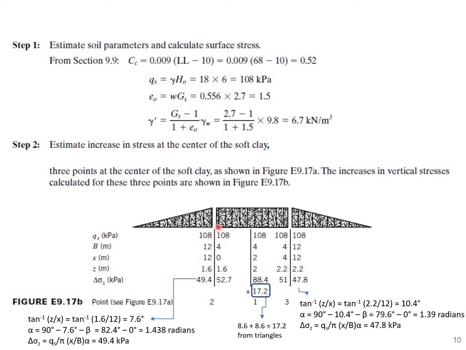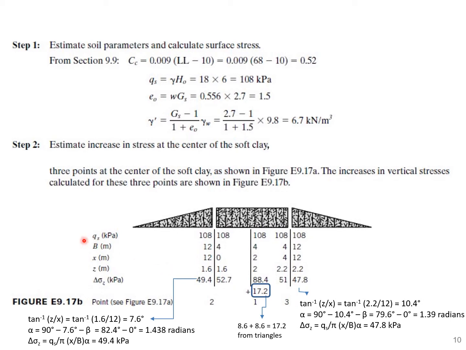So we are going to consider this as point 2, this as point 1, and this as point 3. So 3 points are present at the center of the compressible layer. You can see that point 1 is just at the center of the uniformly distributed loading, and point 2 is lying at the end of this triangular distribution, and point 3 is lying at the end of this triangle.